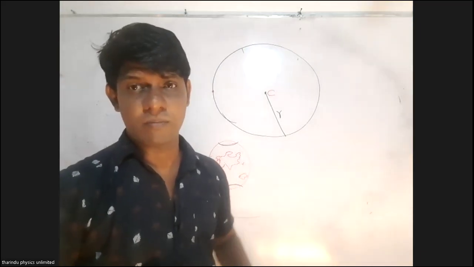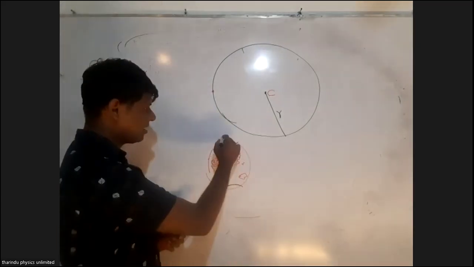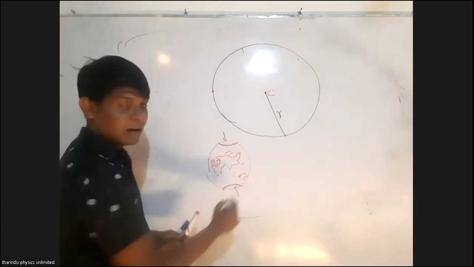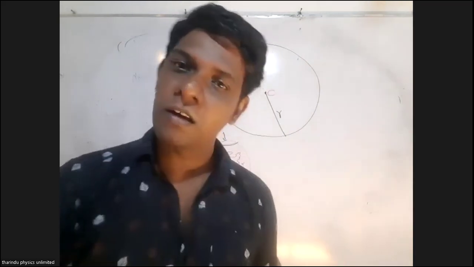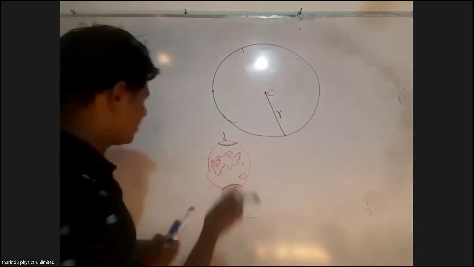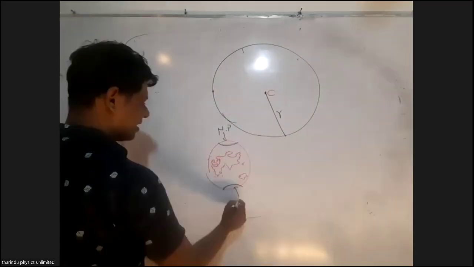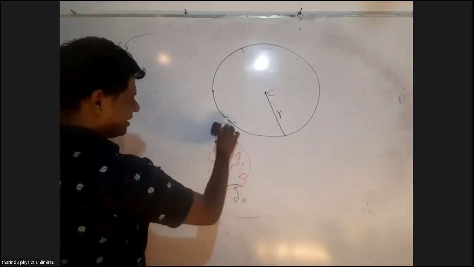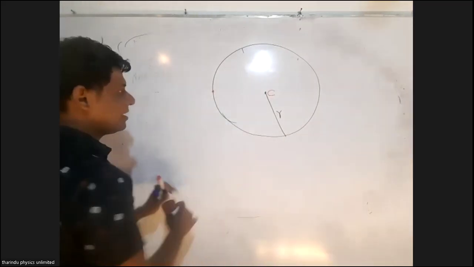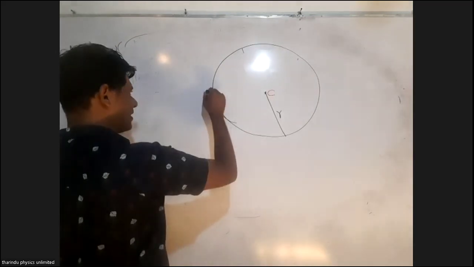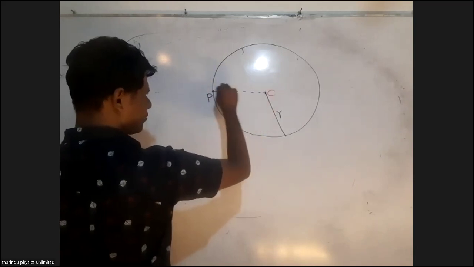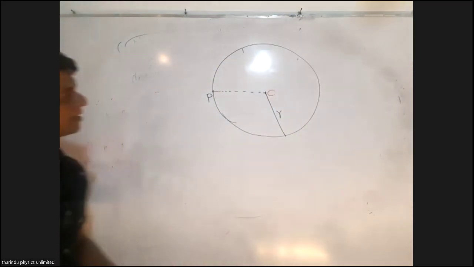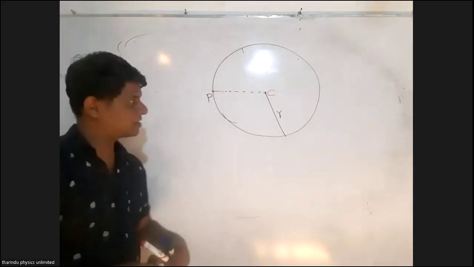In the world, what do we call them? Poles, North Pole, South Pole. In a similar manner here, we call this point the pole. And if you draw a straight dotted line like this, it is going to be the principal axis and pole.